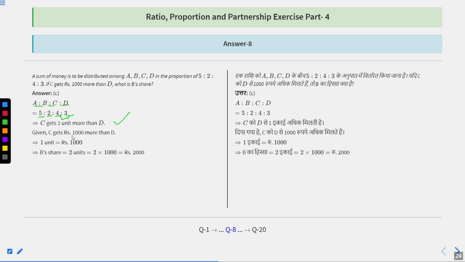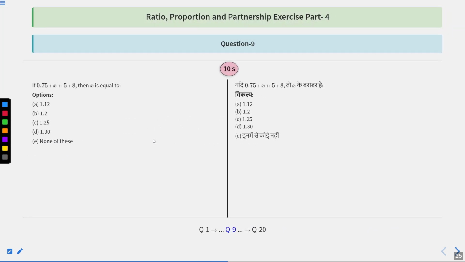And given that C gets 1000 more than D, so 1 unit value will be 1000. So B has 2 units. So 2 multiplied by 1000, which is 2000. C is the correct answer.